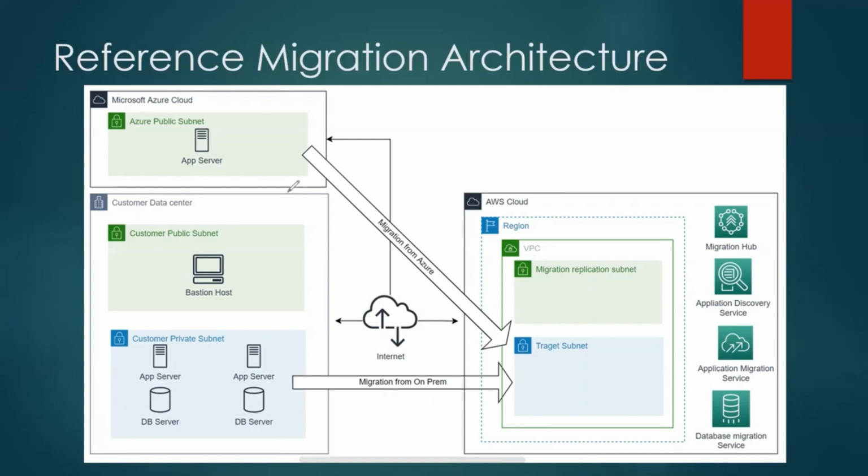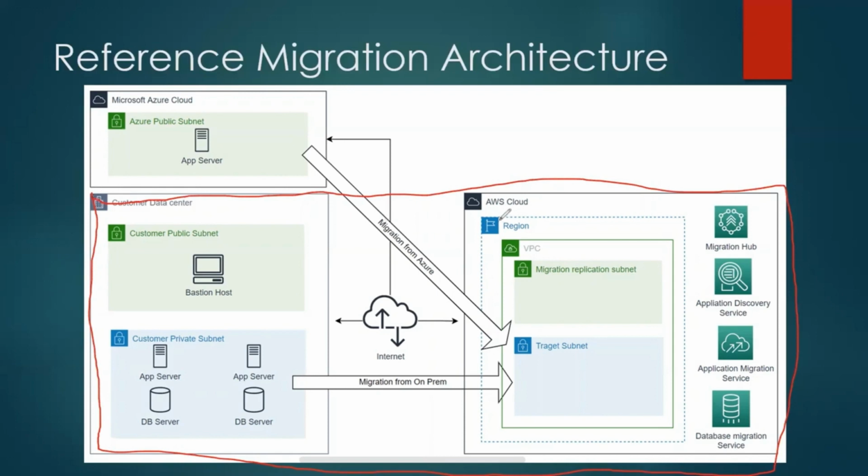Also, one more thing: we will use an AWS CloudFormation template to deploy all this infrastructure. There is already one template in place from AWS, so we will use that and deploy all this infrastructure on AWS. The prerequisite is that you should have an AWS free tier account.